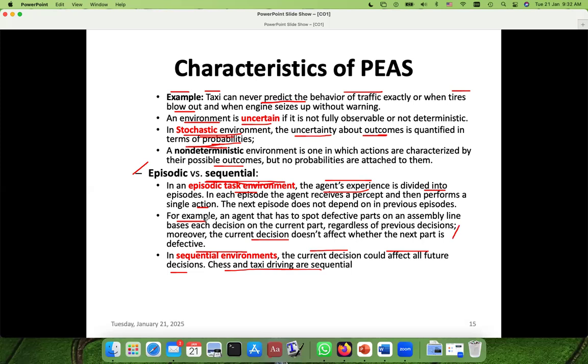So this episode does not depend on the next one. When the next part comes before the agent, it will observe again. If everything is okay, it will let it go. If something is wrong, it will pick it up.